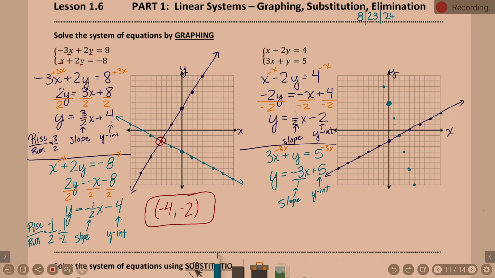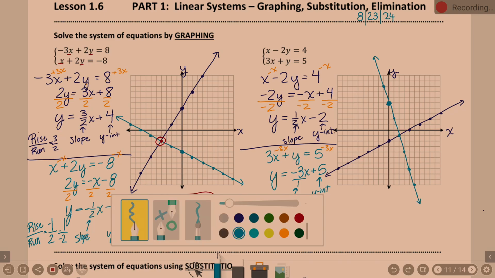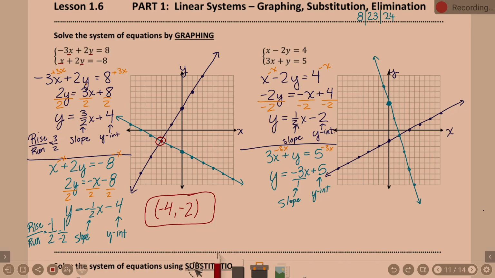Okay, so this point is in the wrong spot. I thought it was maybe just because I made my y-intercept like a ginormous point. I thought that's what was throwing me off. Okay. Better. Okay, enough.